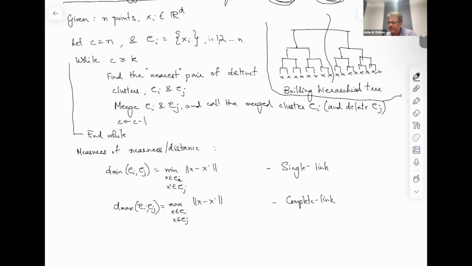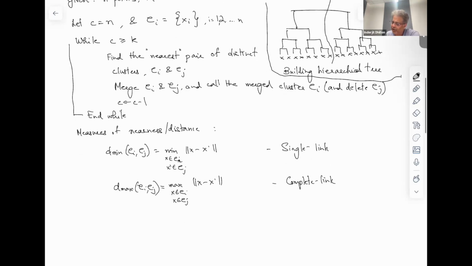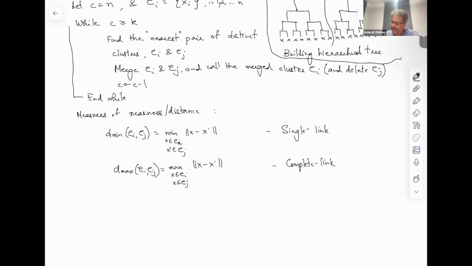And so these have different characteristics. If you look, for example, at some points like this, single link will say that, well, these two are close to each other.